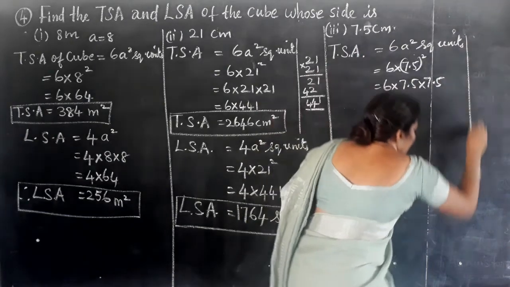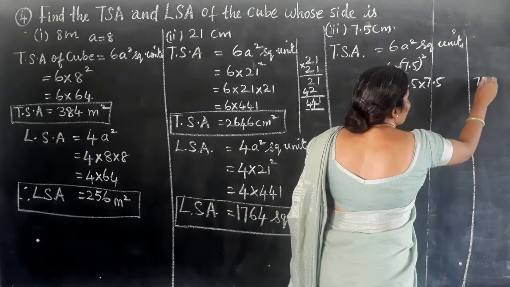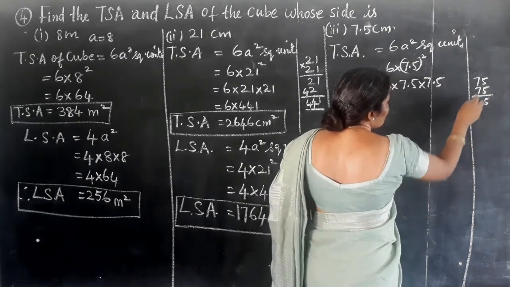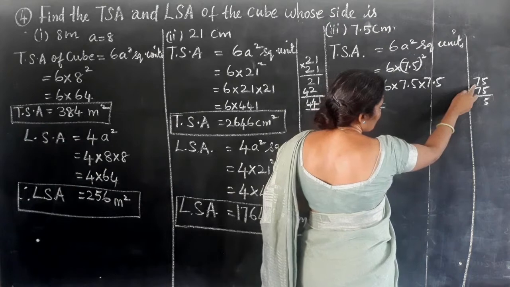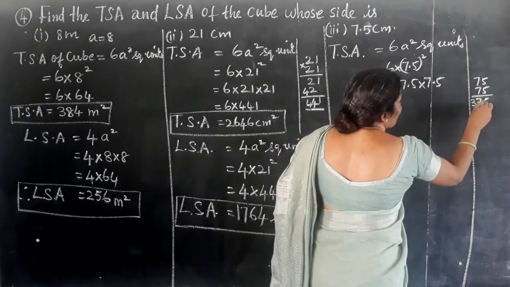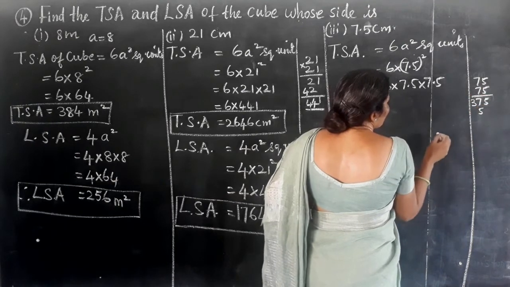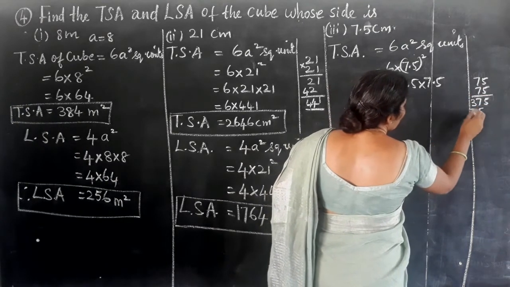Okay, now 7.5 into 7.5. 5 5s are 25, remaining 2. 7 5s are 35, 35 plus 2, 37. 7 5s are 35, remaining 3. 7 7s are 49, 50, 51, 52.